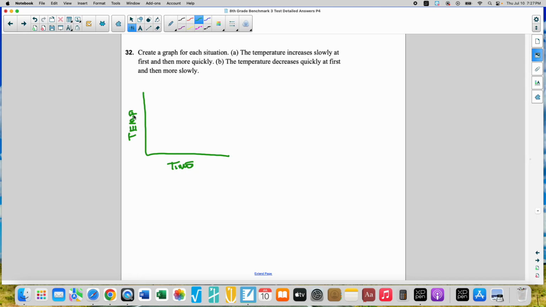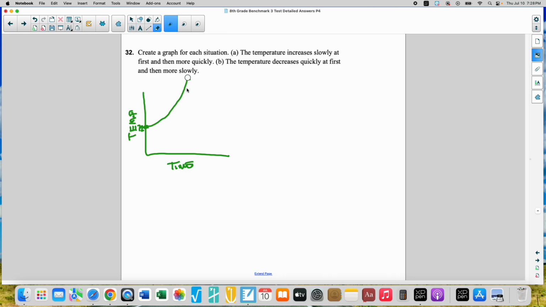Even an oven, even when it's off, is going to have a resting temperature. Room temperature, 72, something like that. It's not going to be 0, though. That's for sure, unless you live in Antarctica. So it's going to start off at room temperature, and then over time, that temperature is going to increase.